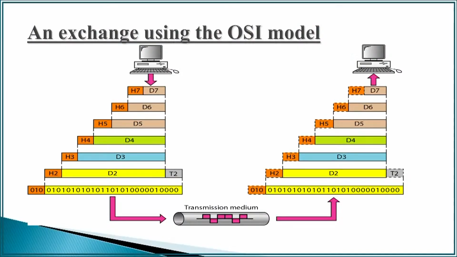In the exchange in the OSI model, we can see at the 7th layer, that is the application layer, some information like H7 is added to the data, and it is passed to the next layer. Some information H6 is added by layer 6, then some information is added by layer 5, and subsequently till the physical layer some information is added.